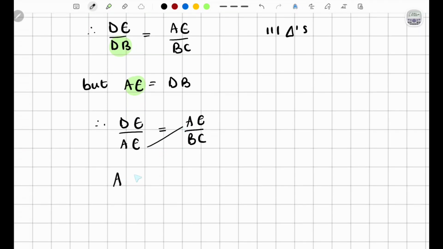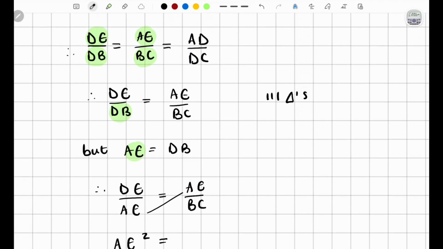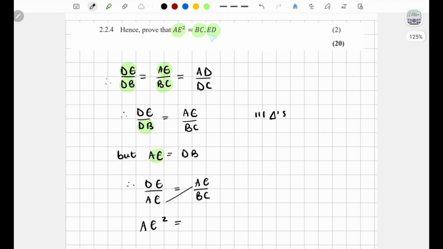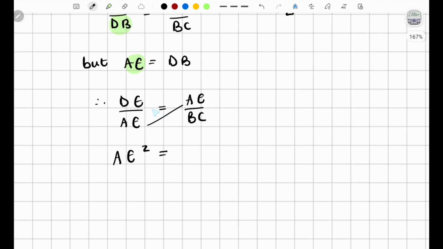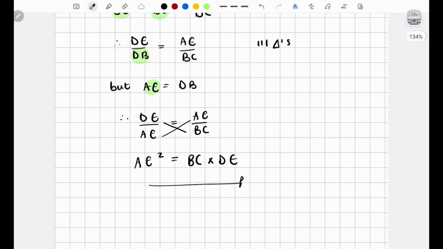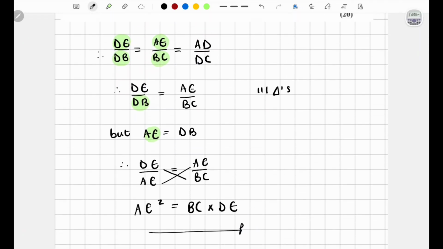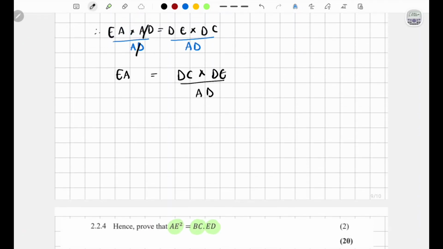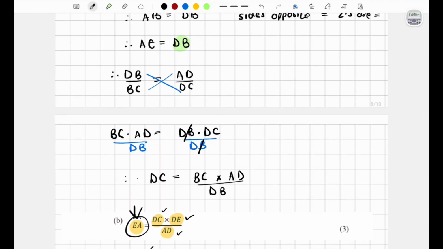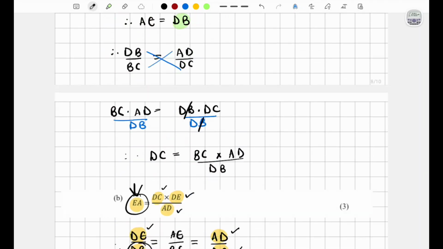AE times AE is AE squared, is equal to, and let me just try and put it in their order. They said the BC first and then the ED second. So I'm just going to say cross multiply. That's BC being multiplied by DE. And there, again, they're just playing around with those proportions. So that is a whole 5 marks that you could gain there because they were not complicating it.